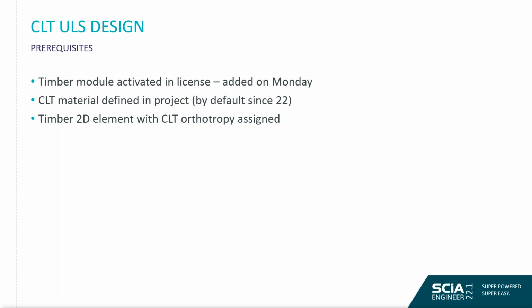As long as you're able to design timber, starting with version 22.1, you will be able to run the CLT design. If you tried it before this Monday and it wasn't working, that's normal. It was added to the license on Monday. So starting the beginning of this week, you are able to run the CLT design.